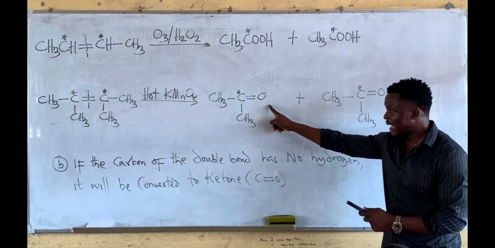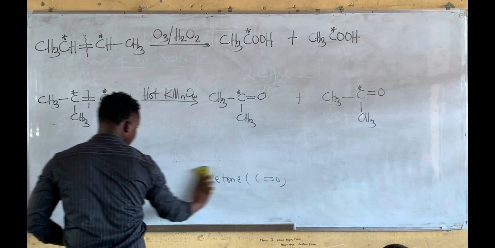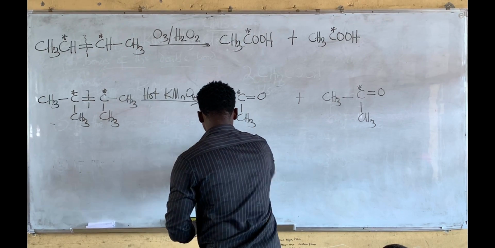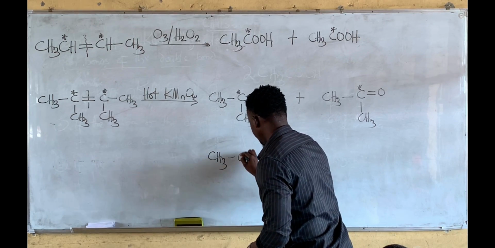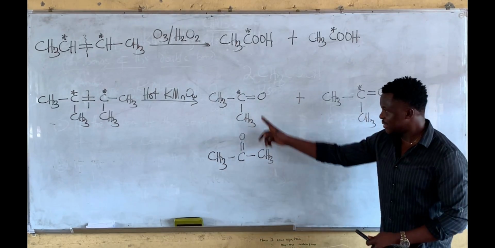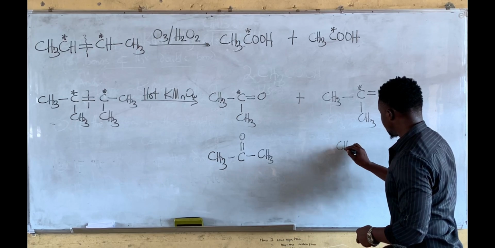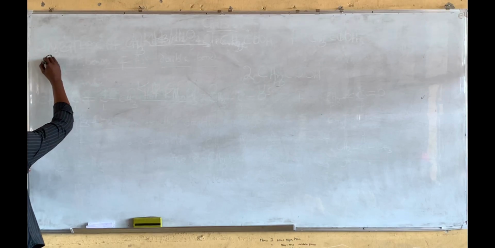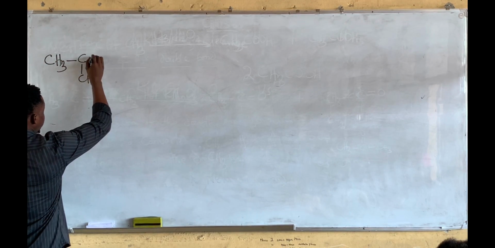This guy can be written as CH3, C double bonded to O. You know this is something like this. And this guy is CH3. So I have CH3, C, CH3.